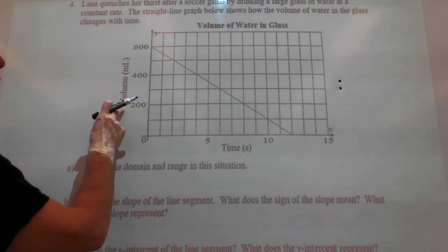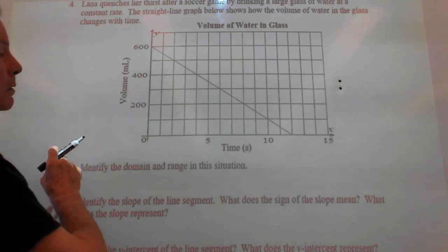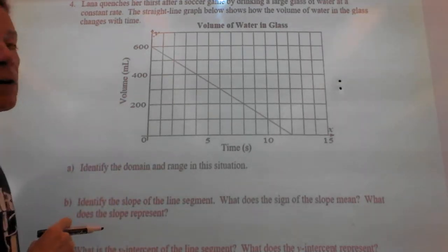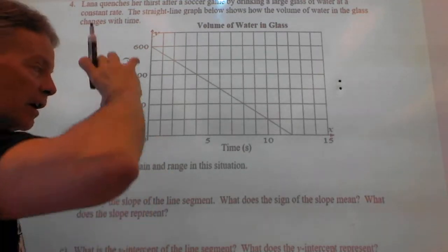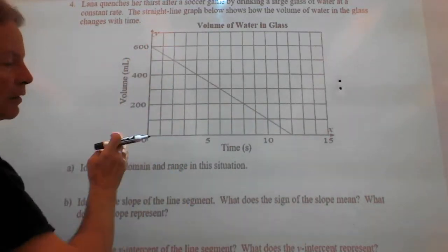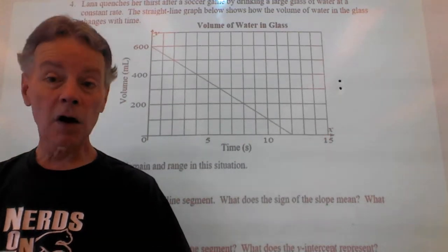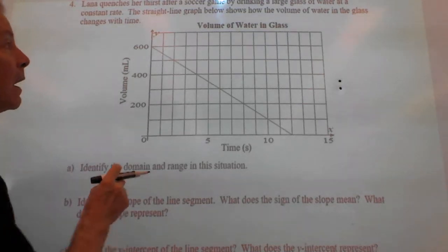Our volume in milliliters in her glass of water is our y variable, our dependent variable. So she's drinking her glass of water. As time progresses, there's less and less water in the glass. Not a large surprise, right?